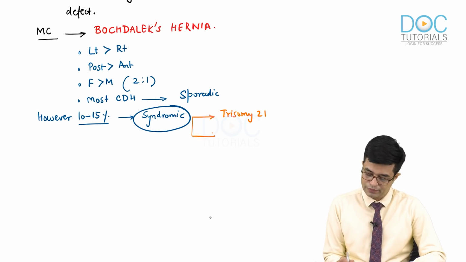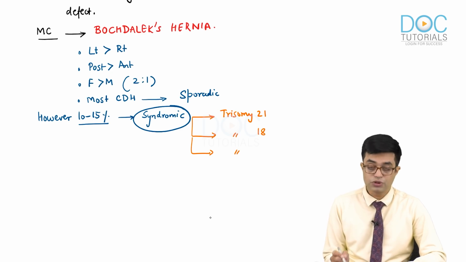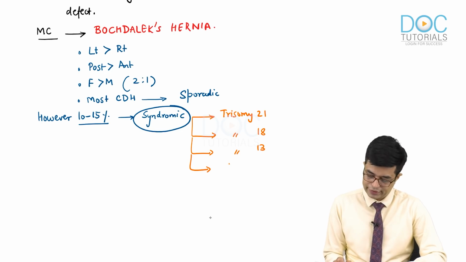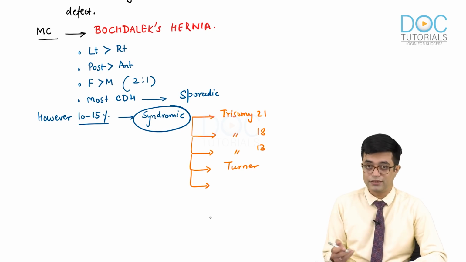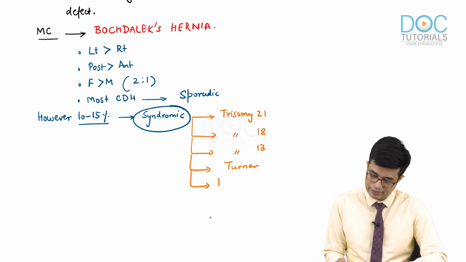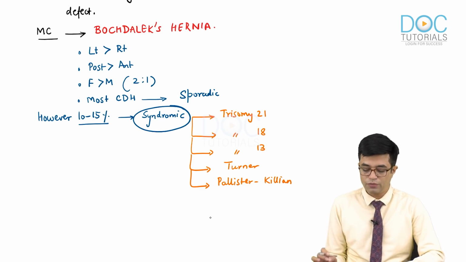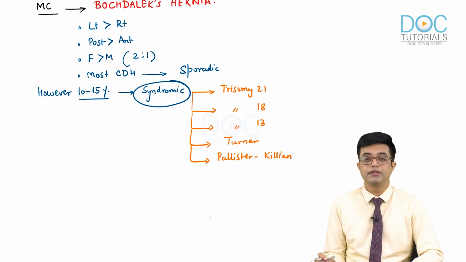Second is trisomy 18, that is Edwards syndrome. Third is trisomy 13, that is Patau. Fourth is Turner syndrome. And fifth, which can be asked because it is a bit atypical, is Pallister-Killian syndrome. So these are the 5 important syndromes associated with congenital diaphragmatic hernia.